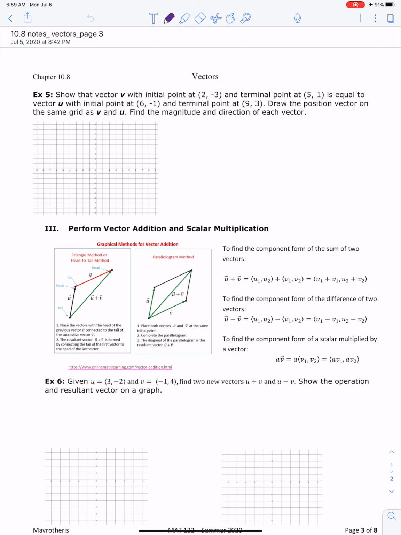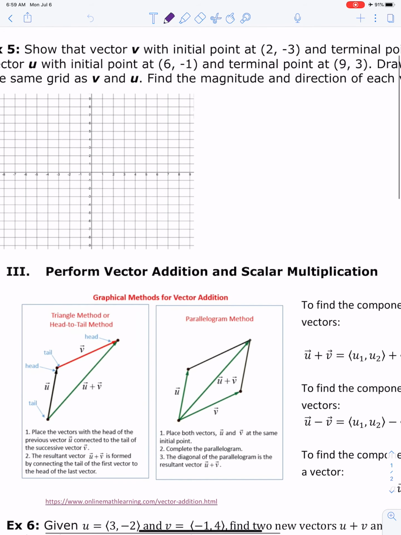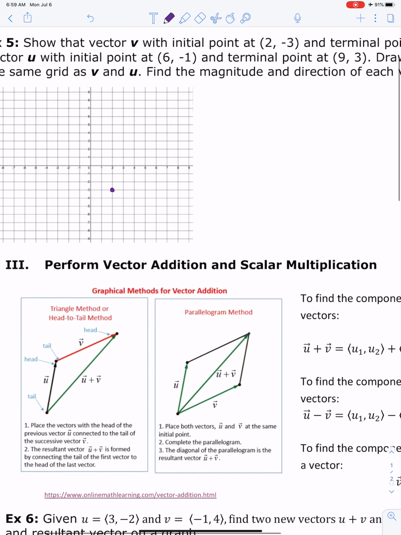We want to draw the position vector on the same grid as both of these and then find the magnitude and direction of each vector. So let's start with what we're asked for. Vector v has got an initial point at 2, -3, terminal point at 5, 1, so there's my vector v.